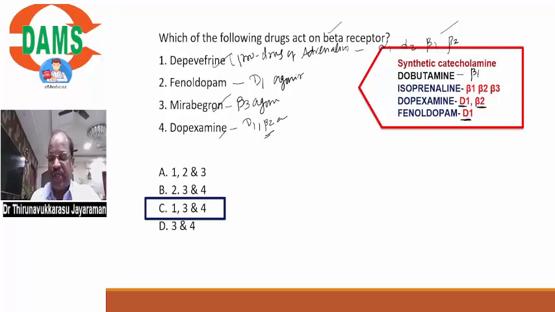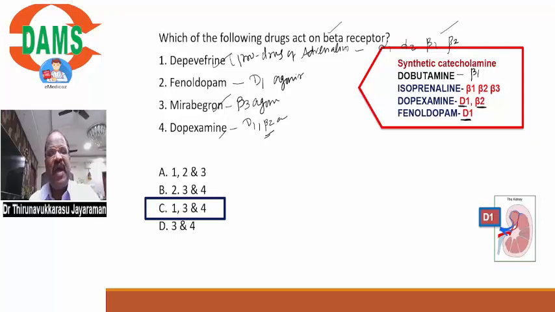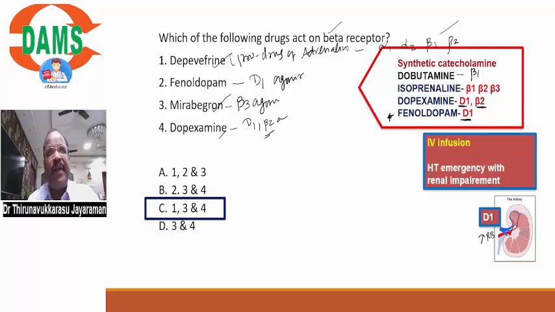The D1 location is mainly renal vessels, and fenoldopam is a short-acting drug useful for hypertensive emergency. Since it acts on D1, it increases renal blood flow, that's why it is very important. This can be a very good choice for treatment of hypertensive emergency with renal impairment. Fenoldopam is used as an intravenous infusion for managing hypertensive emergency with renal impairment.